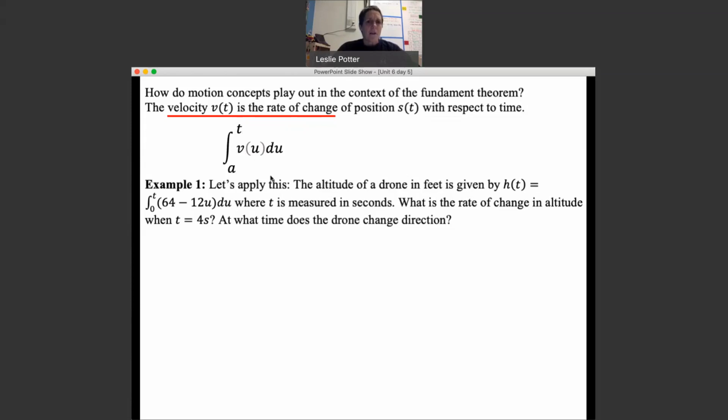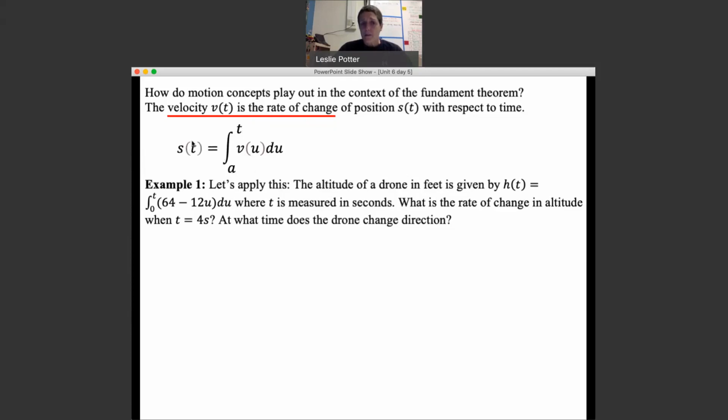That means we can't use the variable t down here, because that would introduce ambiguity, so I arbitrarily pick another variable. It really doesn't matter which variable, as long as it matches. So we have a velocity function in terms of u, and we're going to graph that and accumulate the area between some starting numeric value a, this is a number, and some random location t.